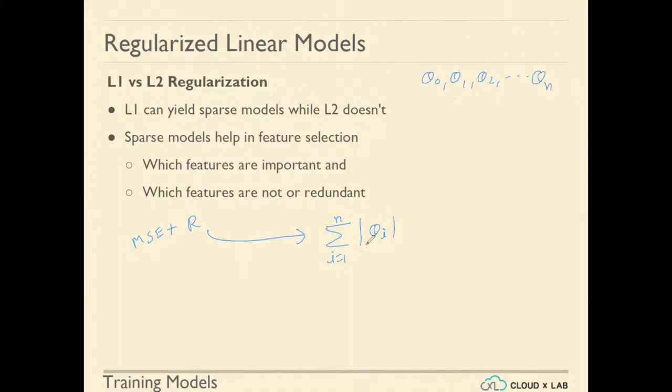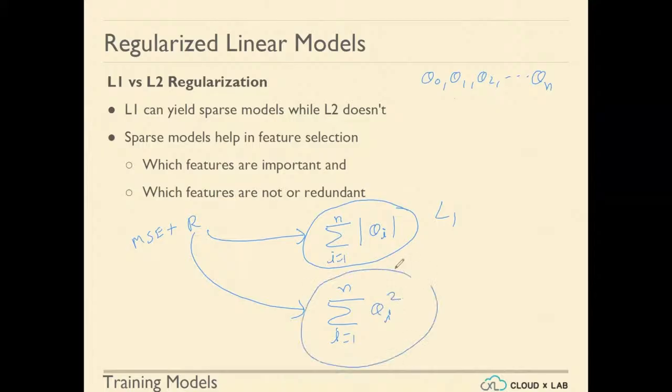As you can see here, what type of norm am I taking, L1 norm or L2 norm? L1. I'm taking L1 norm, so this is called L1 regularization. If I take summation i equal to 1 to n of theta i square, then since I'm taking L2 norm, this is called L2 regularization, right?